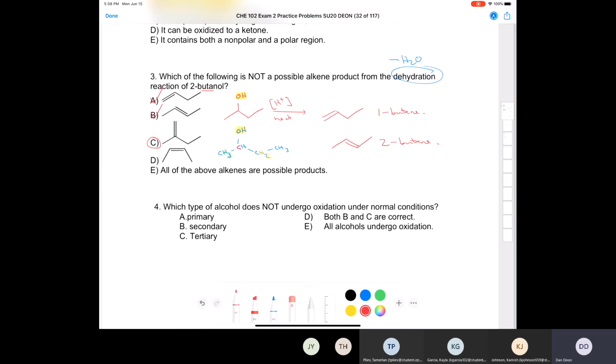What's the big, huge, mega problem with C? Okay, I'm not getting any answers for that.